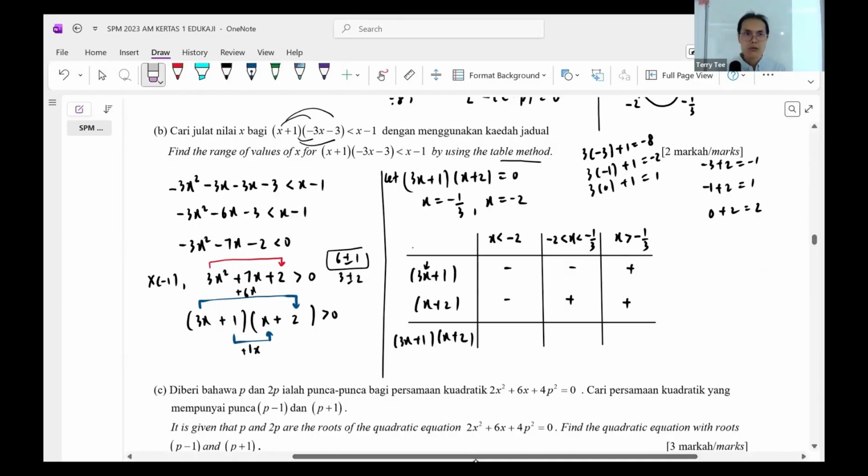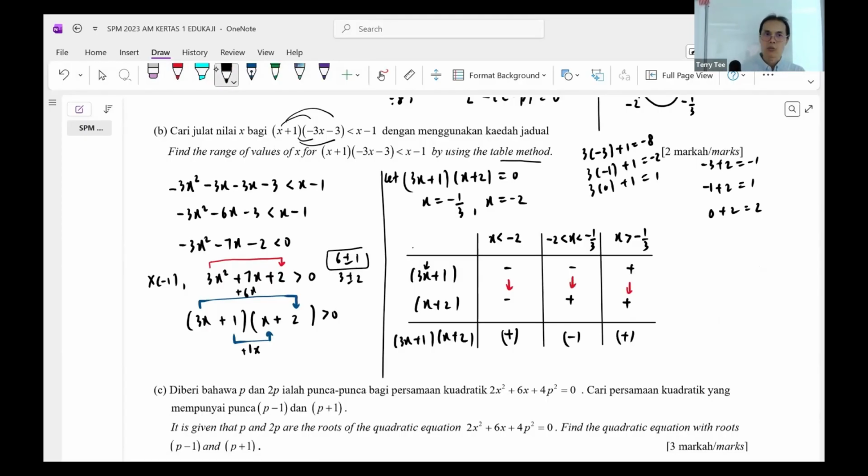So you see this way: negative times negative is positive. Negative times positive is negative. Positive times positive is positive.